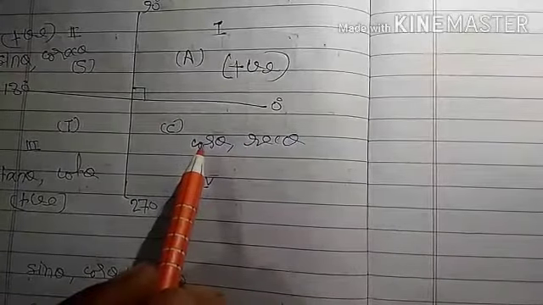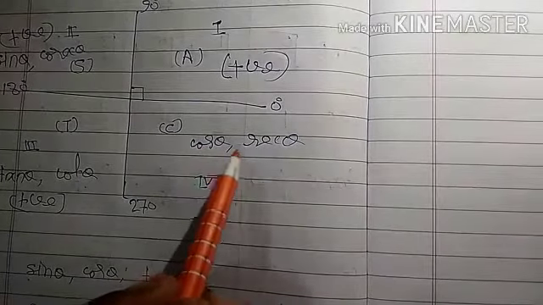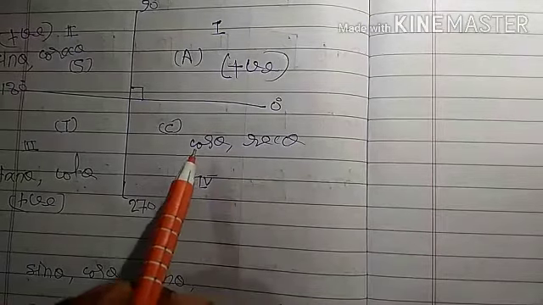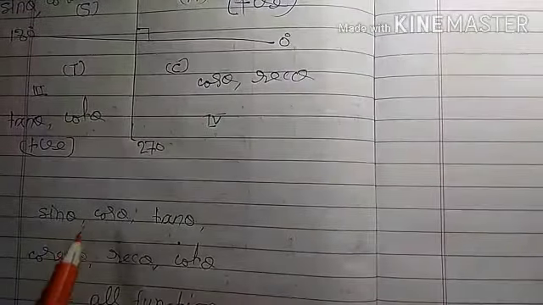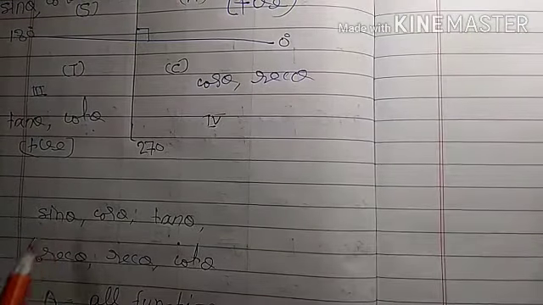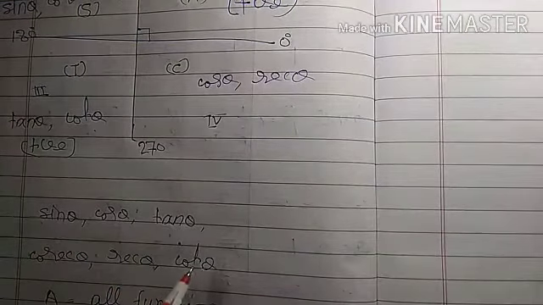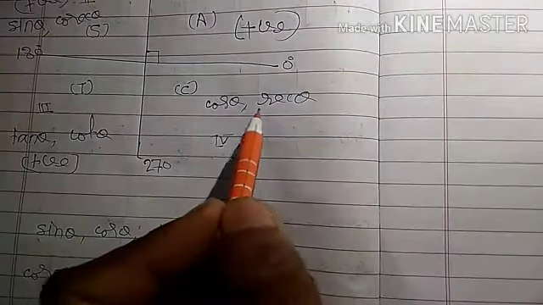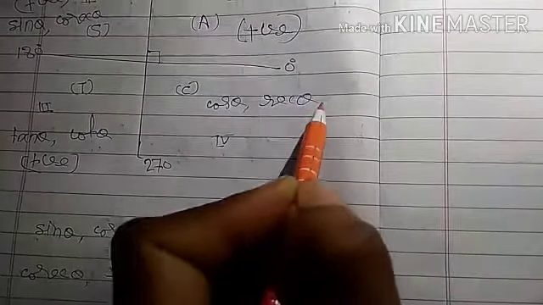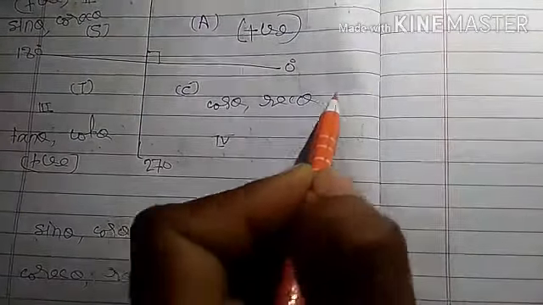So in the fourth coordinate, cos theta and sec theta are positive, and the other 4 functions, that is sin theta, cosec theta, tan theta and cot theta, are negative.